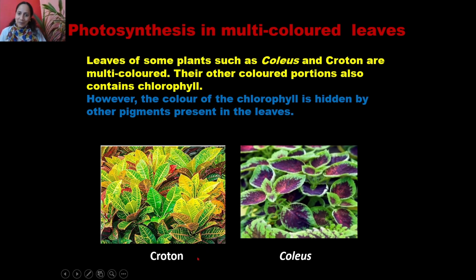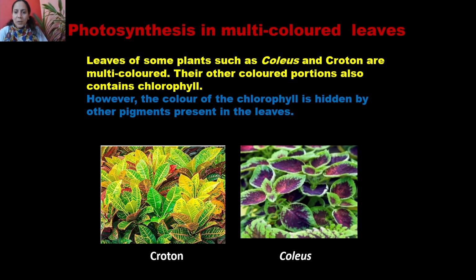So for that, let's see this together. It's very interesting that the green part, the majority of the green part, contains chlorophyll. And if a part of the leaf is colored, it has some other pigments. You are in class 7, so you can only remember xanthophyll, carotene, carotenoids.